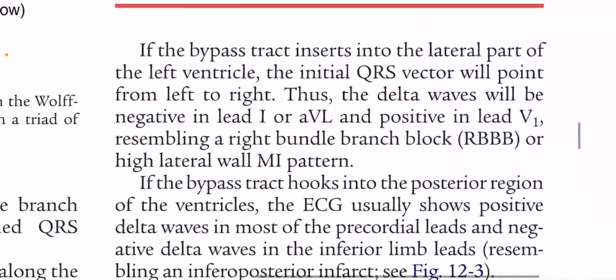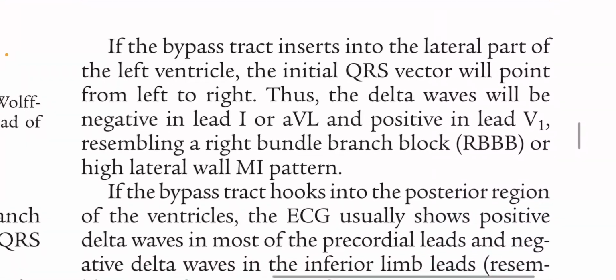Now, if the bypass tract inserts into the lateral part of the left ventricle, the initial QRS vector will point from left to right.